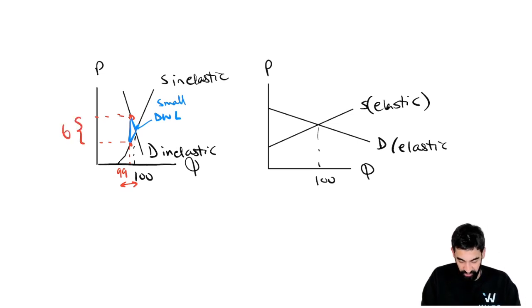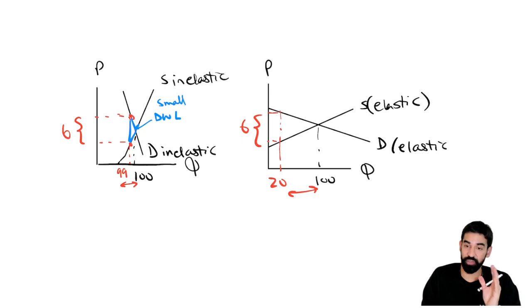Now here as well, I want the same gap, $6. But if I do that, it would be from here to here, because you see over here the gap is smaller than 6. So if I want to have the same gap, it has to be around here. Now you see the quantity is falling by a lot. To make that gap $6, it would fall all the way from, let's say, 100 to 20. So there's going to be a lot of consumers and a lot of producers that are unhappy because the quantity is falling by a lot. So now you're going to have a relatively big deadweight loss.